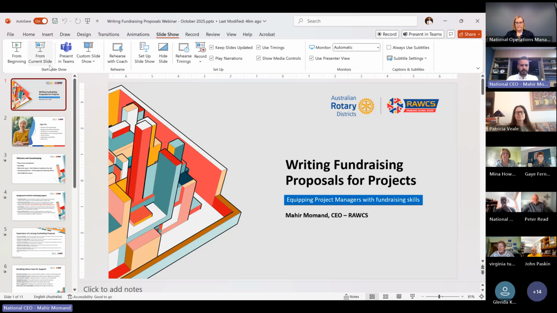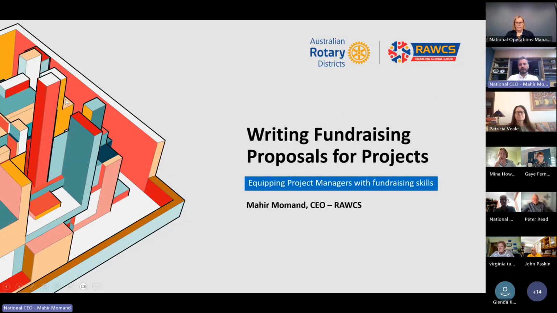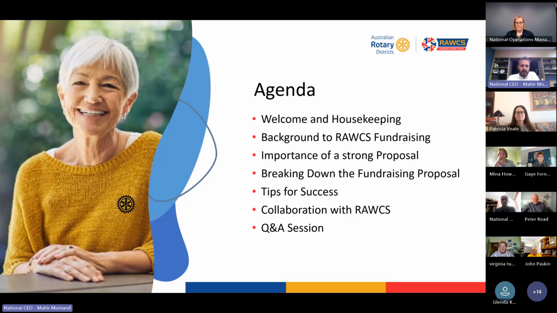In terms of the agenda for today, as usual, we'll have a section on housekeeping initially. Then I'll speak about the various things that RAWCS is doing in relation to fundraising to give you a background on that.